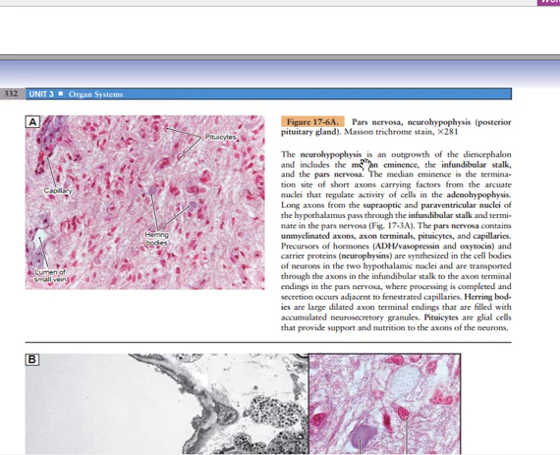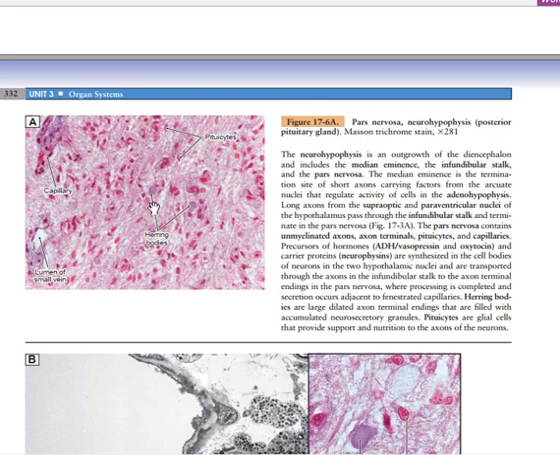Now when you stain with the Masson trichrome, you are going to visualize different structures in the pars nervosa of the neurohypophysis. You visualize the pituicytes, you visualize the Herring bodies, and then you visualize the capillaries with the lumen of the small vessels. So what are Herring bodies?